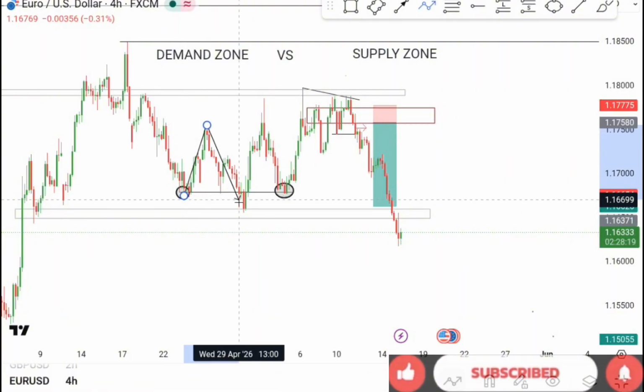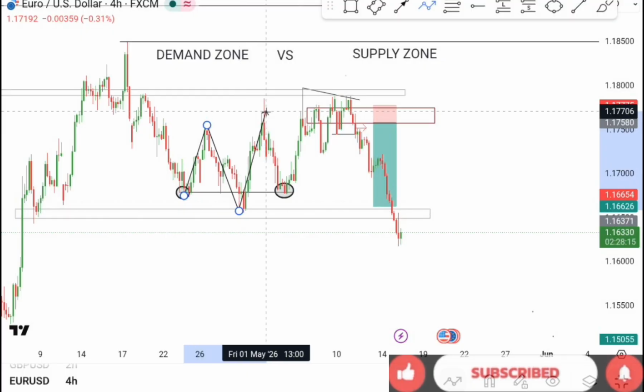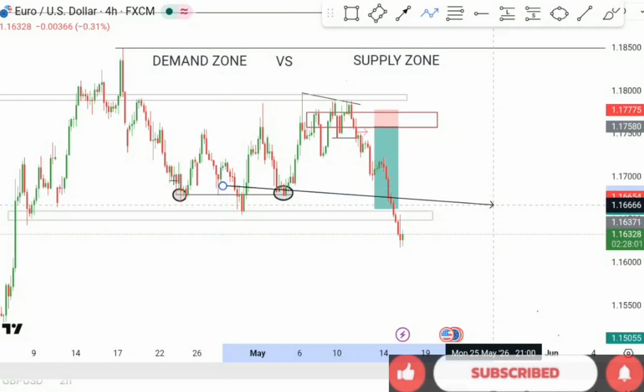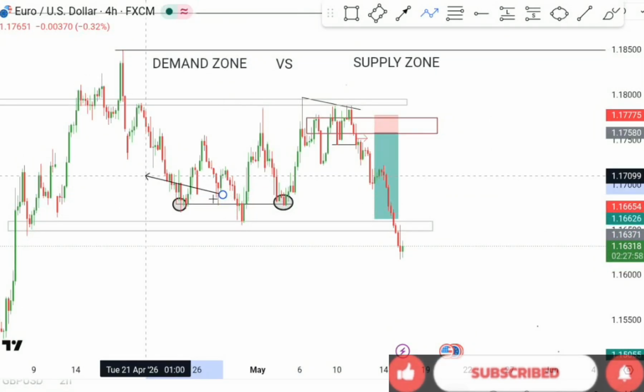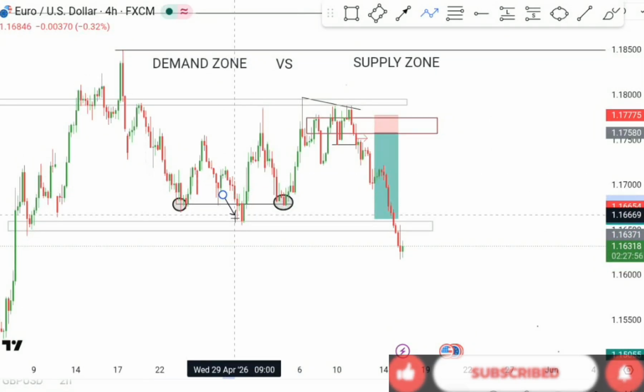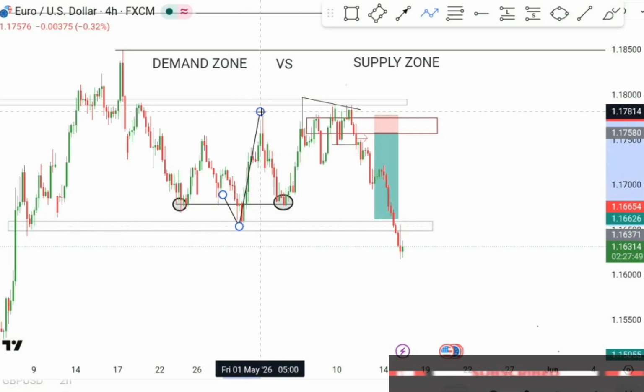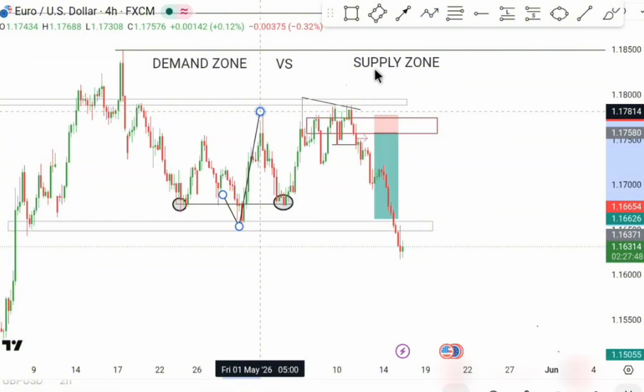This is a continuation pattern. The base is a demand zone, just in the direction of the trend. Drop-based drop: price drops briefly, pauses, then continues dropping. The base is a supply zone in the direction of the trend.